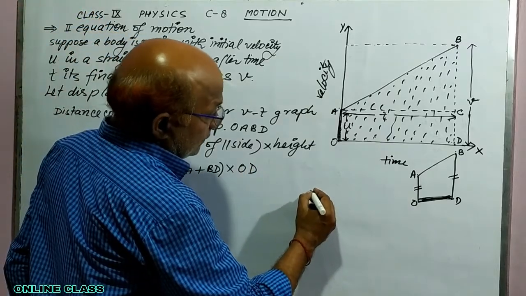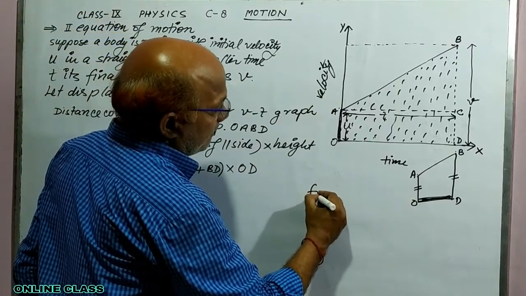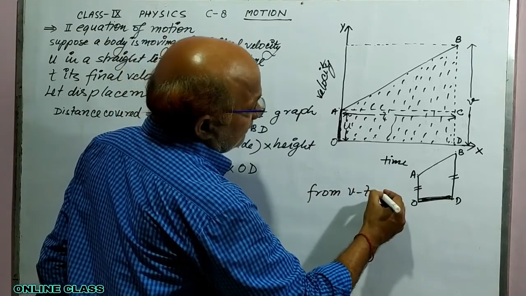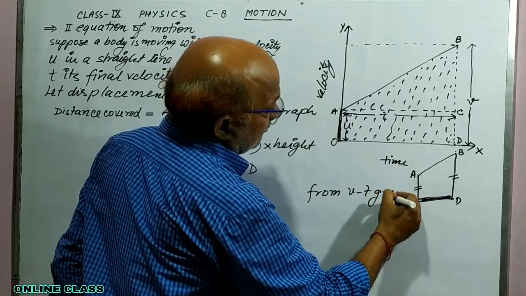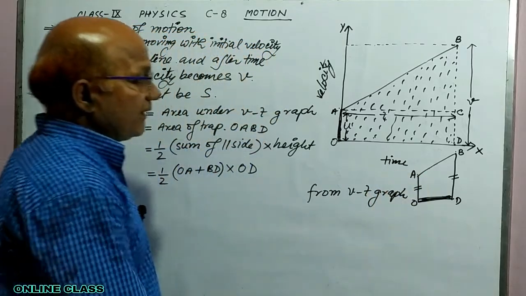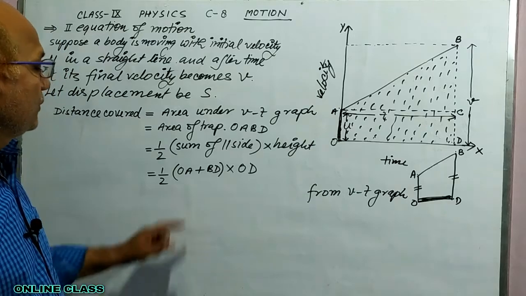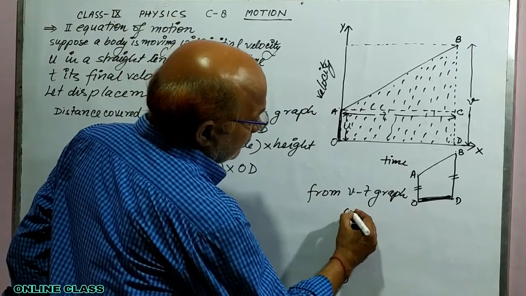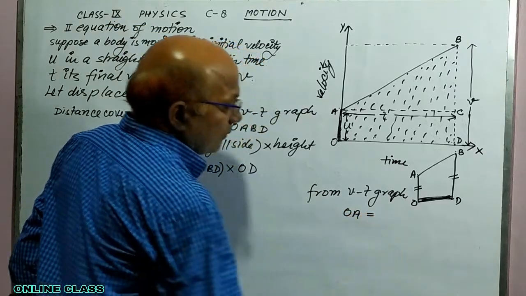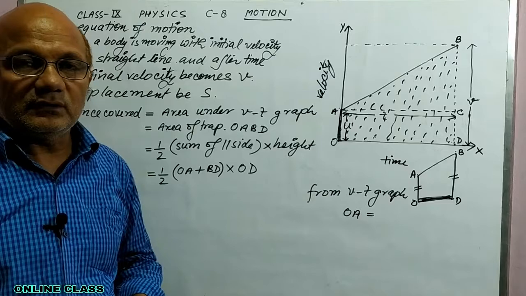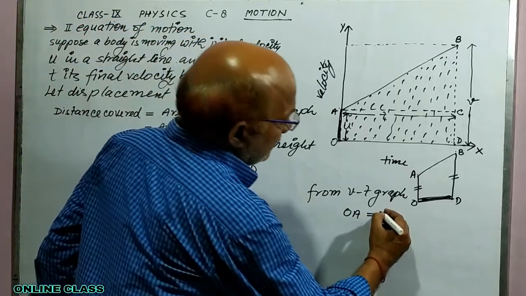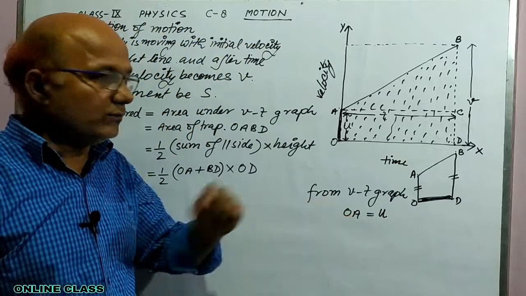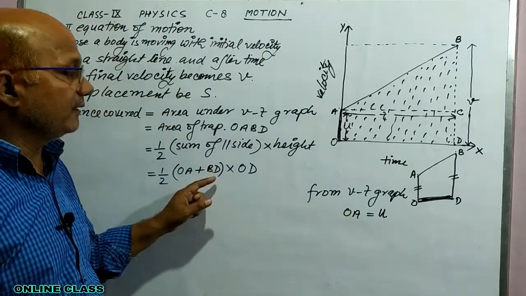From the VT graph, OA is equal to what? It is equal to the initial velocity u. So OA equals u, and now BD.